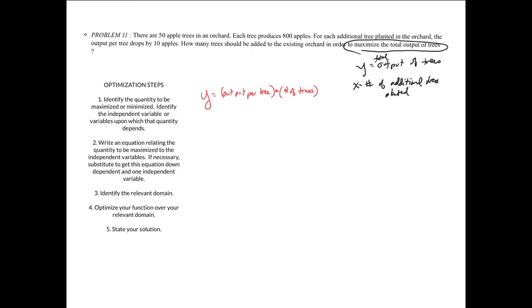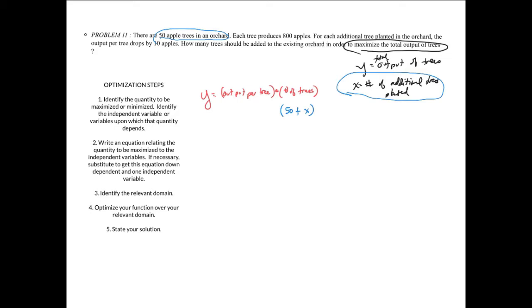So if you look at the problem up here, it says you have 50 apple trees in an orchard, and then we are planting x additional trees. So if I wanted the total number of trees in there, it would be 50 plus x, keeping in mind again that x could be negative, meaning you're pulling trees up so the remaining trees can put more fruit out.